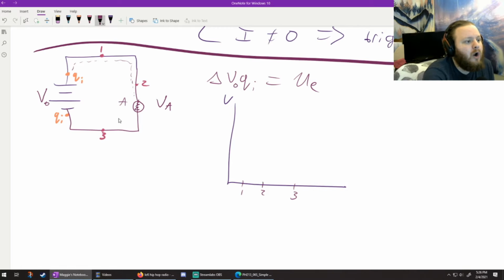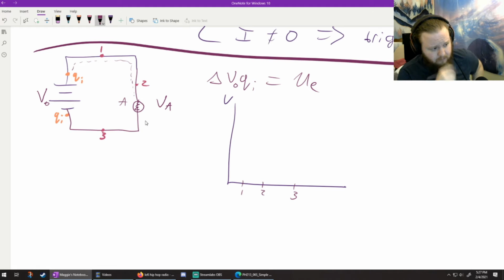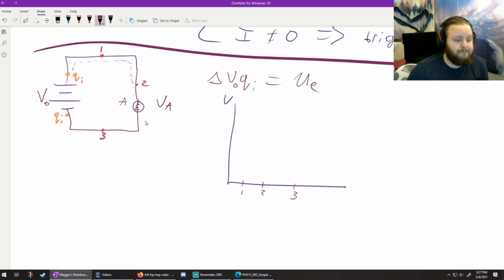I don't know exactly where the voltage drop is going to occur, or what it looks like as a function of distance, and I don't want to be very retentive about getting the shape of this graph right. It's not part of my model. I just want to diagrammatically represent what's happening to the potential around this loop.